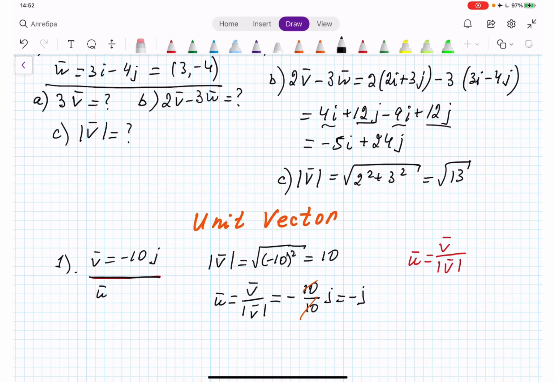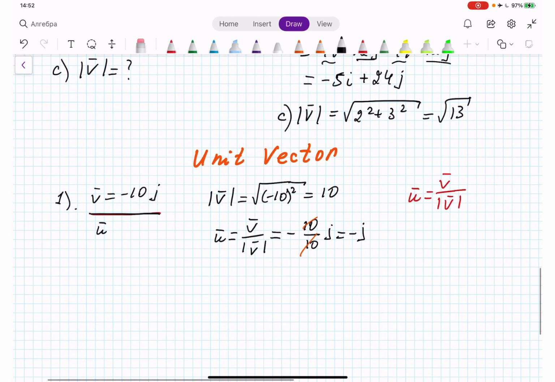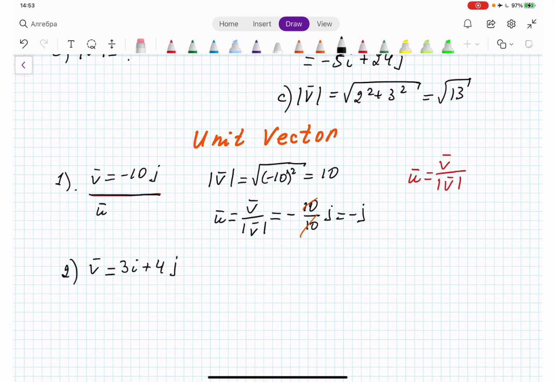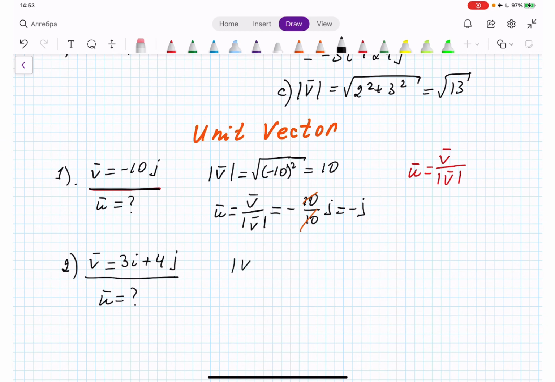Okay, question number 2. Vector v is equal to 3i plus 4j. So we need to find the unit vector. Okay, so to find the unit vector, again, we need to find the magnitude first, which is equal to the square root of 3 squared plus 4 squared, and we are getting 9 plus 16, it's going to be 25, and we have 5.